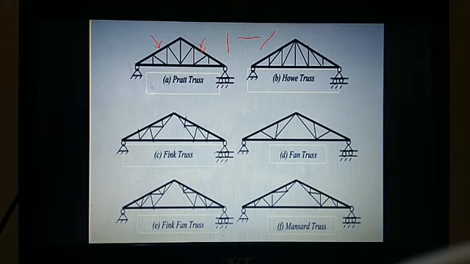An inclined member can be resolved into vertical and horizontal components, so it has resistance towards both. That is the reason why all your members are inclined, forming a triangular shape.